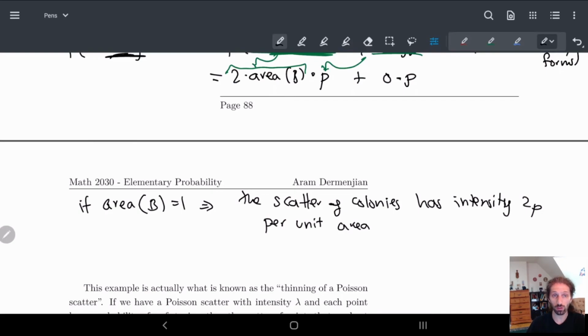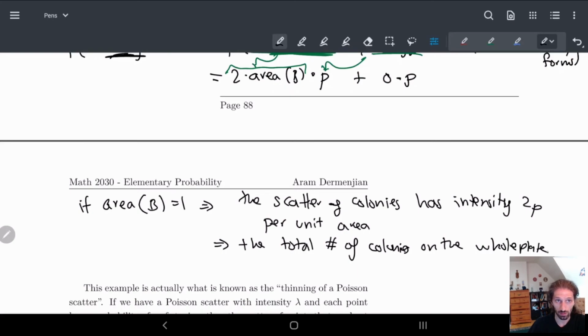And this implies the total number of colonies on the whole plate has a Poisson distribution with parameter 2P. And that's basically it.